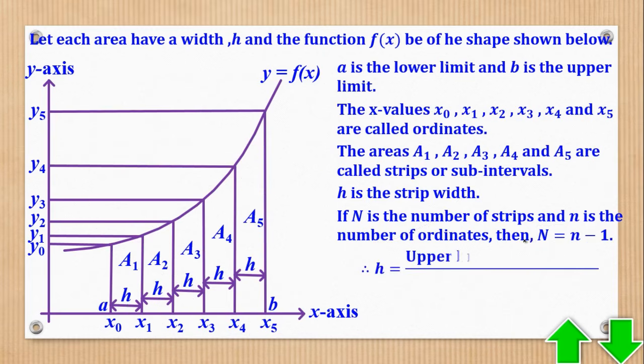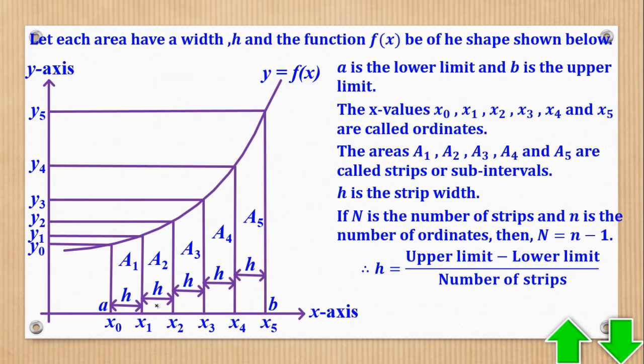Then after getting the number of strips, we also have to get the strip width. Strip width is given by the formula: upper limit minus lower limit over number of strips. Usually they will give you the upper limit and lower limit from an integral, and for you to proceed you have to get the strip width. Now how does that formula come about?